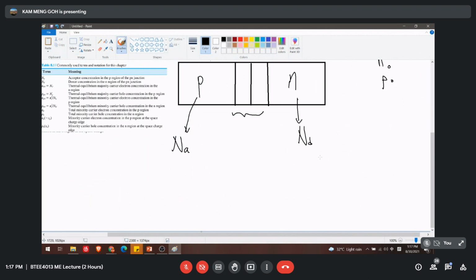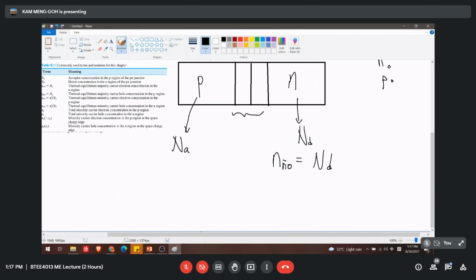Okay, we start with the ND first. Since the majority here is the ND, we assume that the majority carrier in the N region will be the ND. Okay, NNO will be equal to ND. But how do we read the NNO? Let's see.